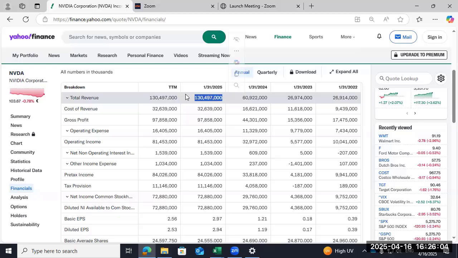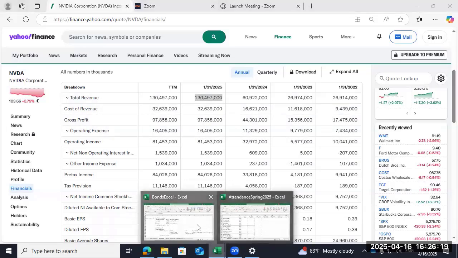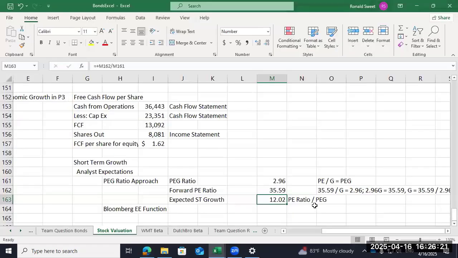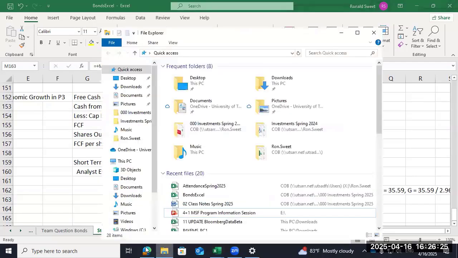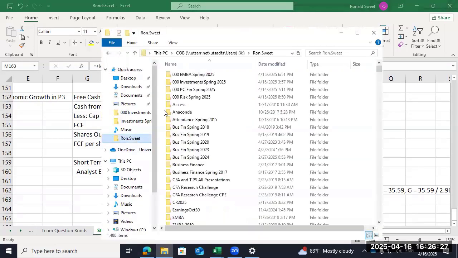Sure, there are companies that have gone from 2 million to 13 million, but we're talking billions here, 27 billion to 130 billion. That's crazy. So they're growing fast and expected to grow fast, which gives you a high short-term growth rate. No question.